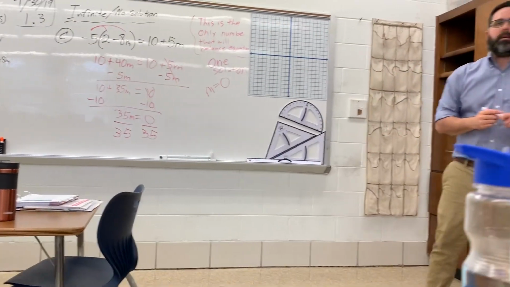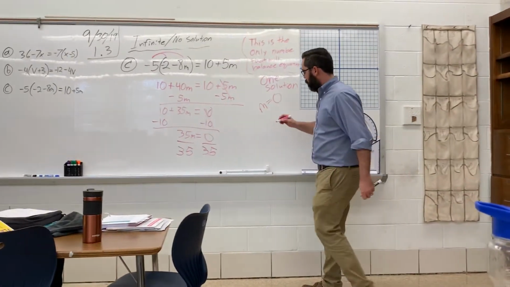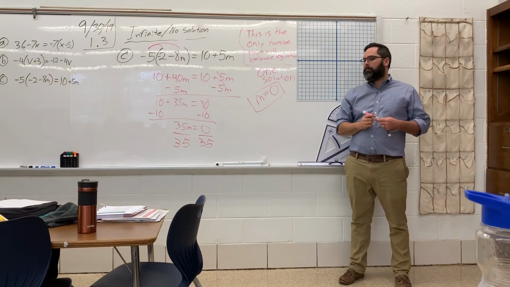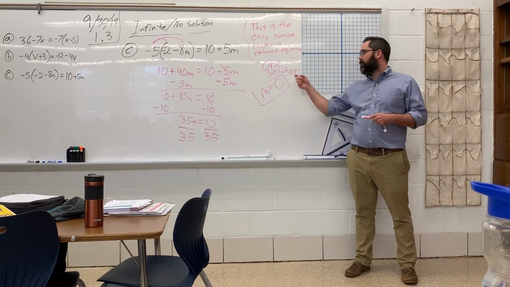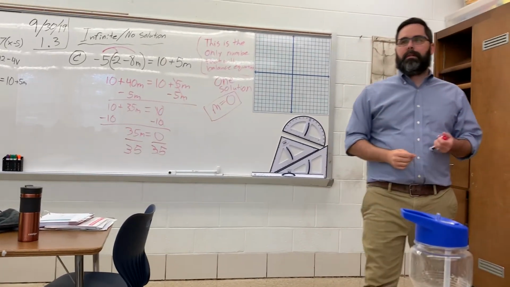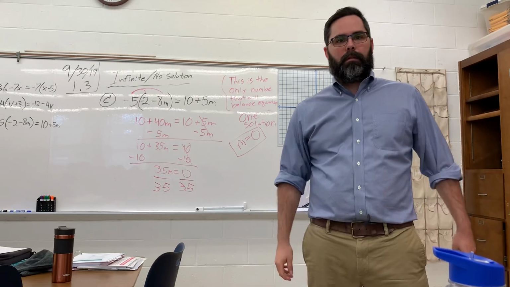So what do I circle here or box in? This. That's my answer. And with infinite and no solution, this is what you circle in, the infinite and no solution. Okay? We're good? Yeah. You can stop.